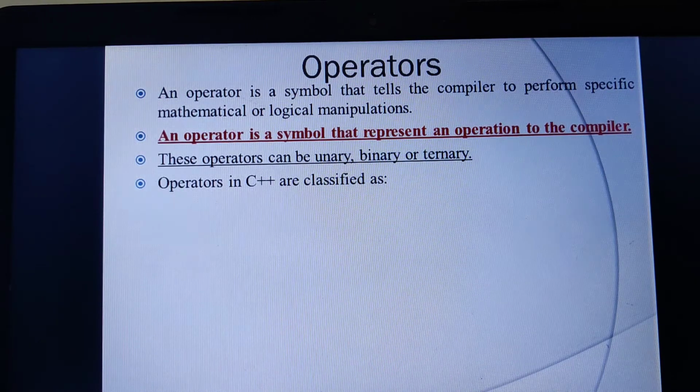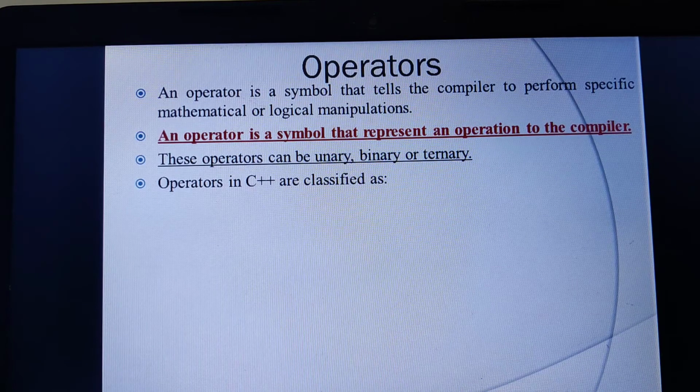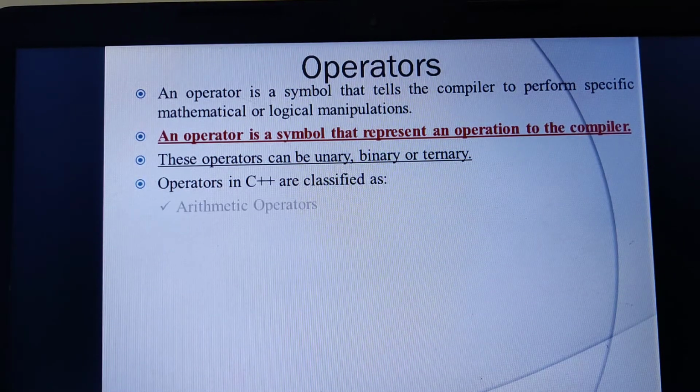For example, A plus B. Plus is an operator which is working on the two operands, that is A and B. Similarly, we have the ternary operator, which can perform the task on more than two operands. So operators are classified as unary, binary, or ternary.